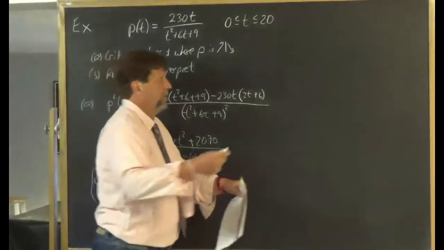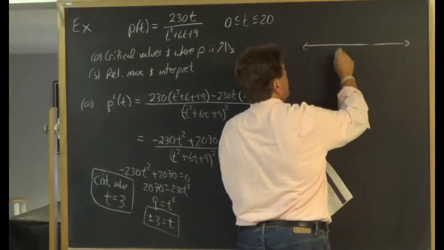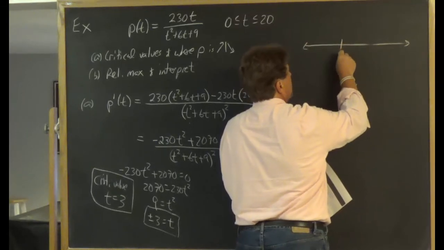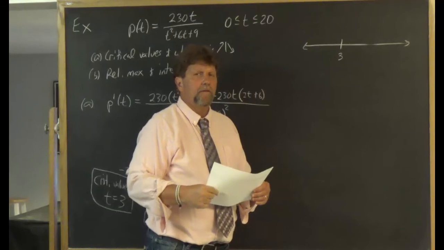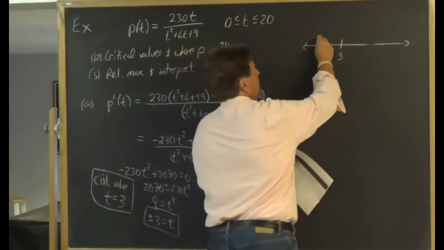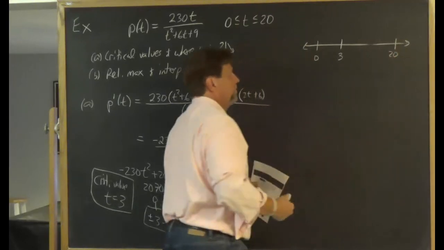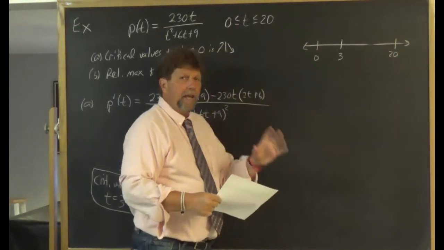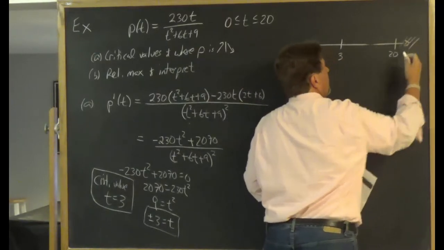So like we always do, we make a number line. Put the critical value on the number line. But also on this number line, I'm going to put two more numbers. I'm going to put 0 and 20. Because we don't care what is happening for values of t that are larger than 20.